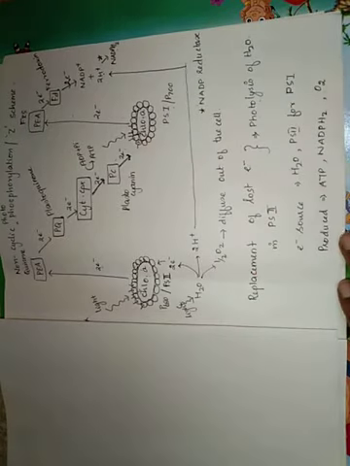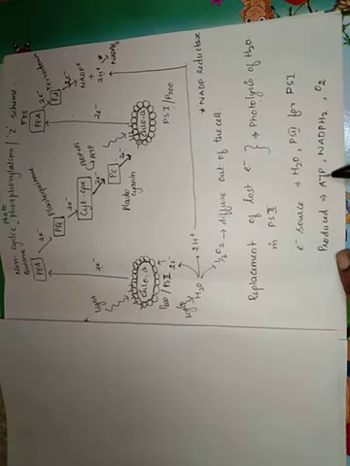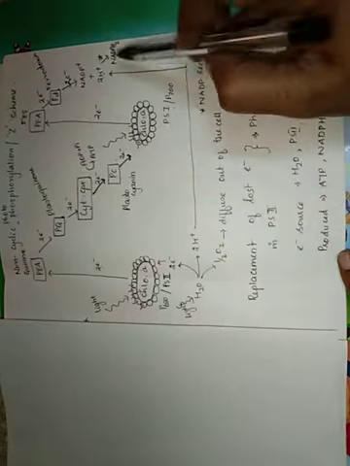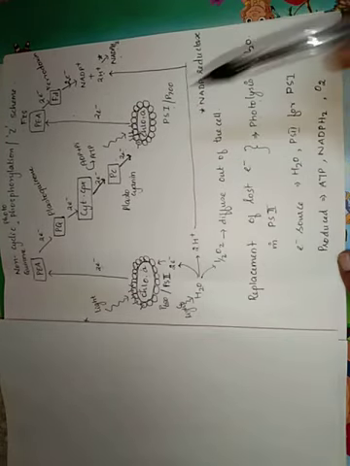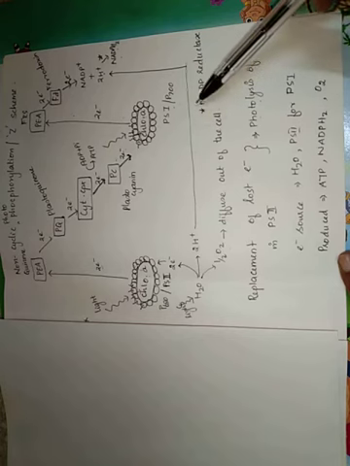So ATP, NADPH2 and the oxygen molecule, all these are produced. So this is non-cyclic photophosphorylation.